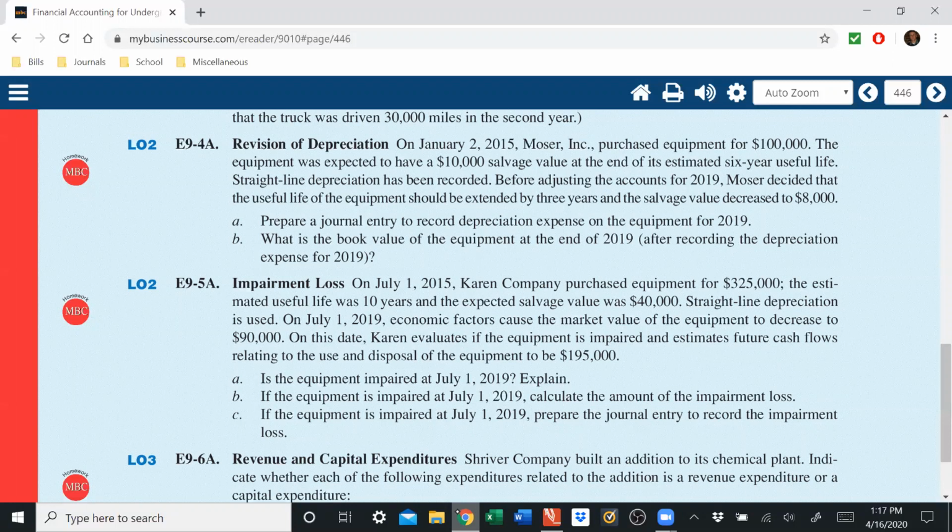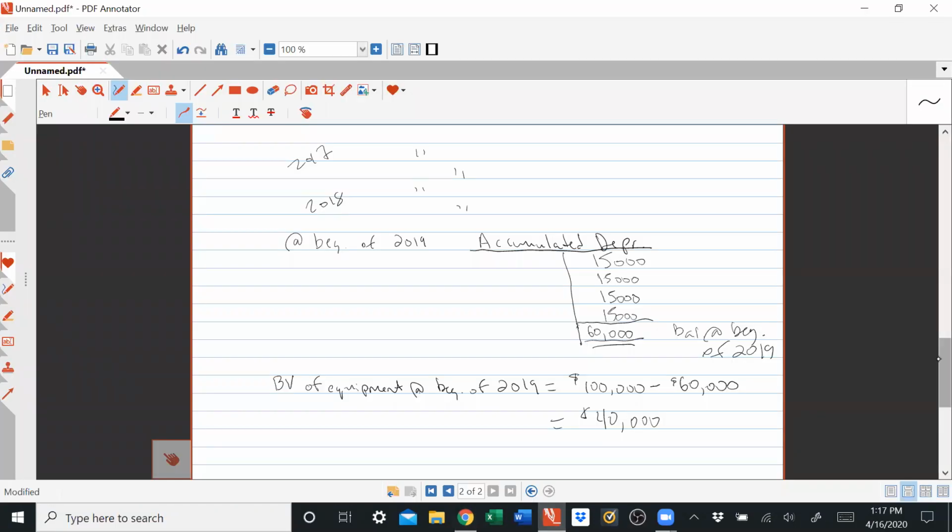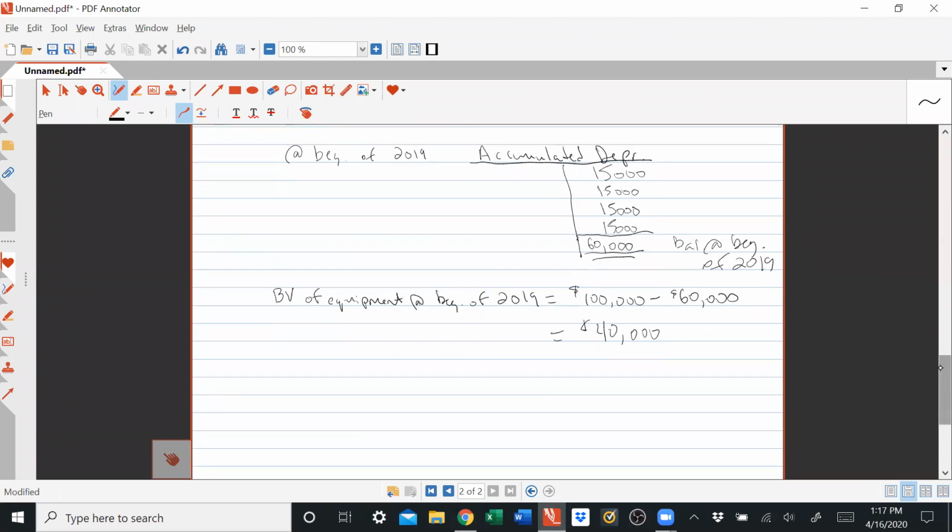What's the journal entry for the depreciation expense in 2019 for the equipment? So here we've had a revising of an estimate. We revised 2 estimates. We revised the salvage value estimate and we revised the useful life estimate.